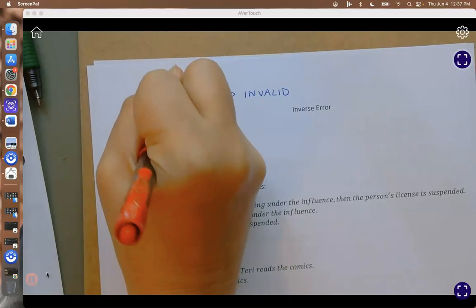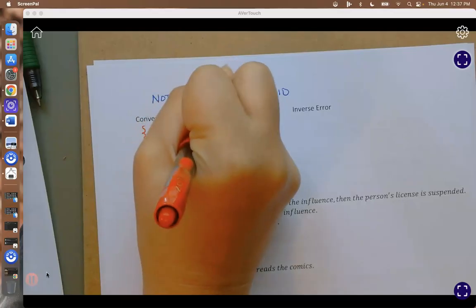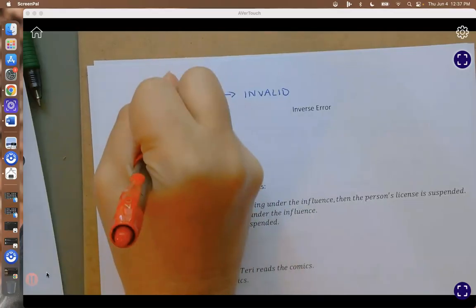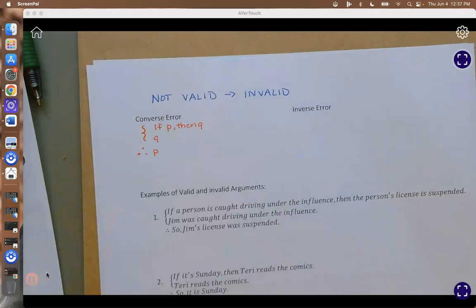So we go if P, then Q. If they just swap them, then that doesn't work. Inverse. So the inverse is just putting "nots" on them.